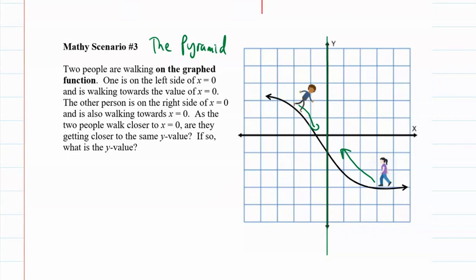Now, the first question is, are you getting closer and closer to the same value? When they get to 0, both are going to be there, whether they came from the left or the right. So are they getting closer to the same value? That answer is yes. That value is -1.